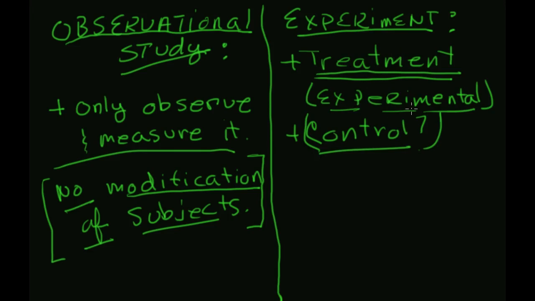The upside of this is that we can control who's in the experiment and what else might be affecting the experiment. So let's say I want to test the effects of some sort of medication. Well, I may control both the experimental group and the control group and have them do exactly everything the same except for taking that medication.